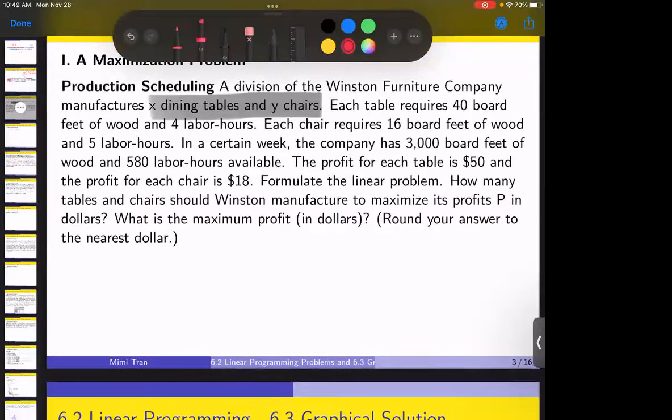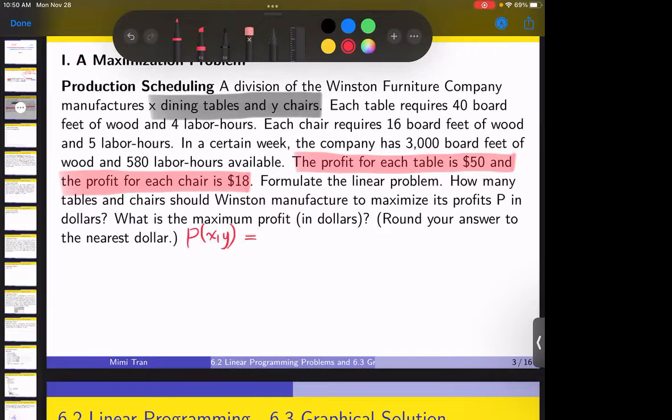The profit function, the hint is looking for the sentence that says profit. Nothing more straightforward. In this problem it's very obvious, but sometimes it's not so much. Usually they just say profits, so you know that's your P of x, y.